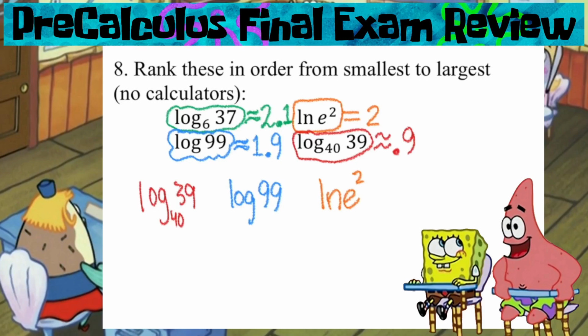Last, the largest, most humongous of these all, log base 6 of 37. So if I put some inequalities, that is the least, like this. You could put them in order like that if you'd like, and there you go. That's how you do this without a calculator.